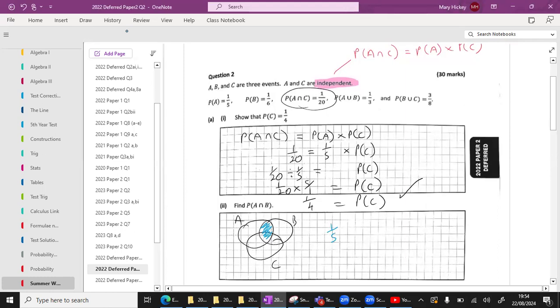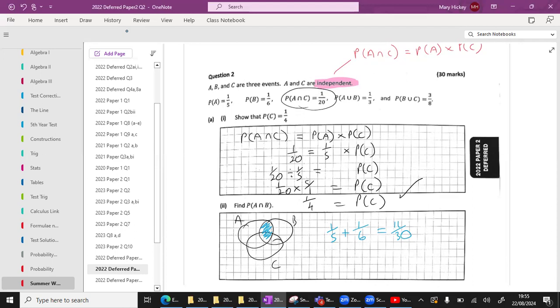I know the probability of B is a sixth. Now, if I add those probabilities together, would that give me the union? The answer is no. It gives me 11 over 30, but that is not the union, because we've potentially counted the intersection twice.